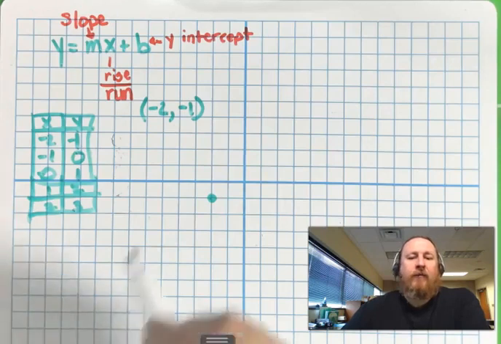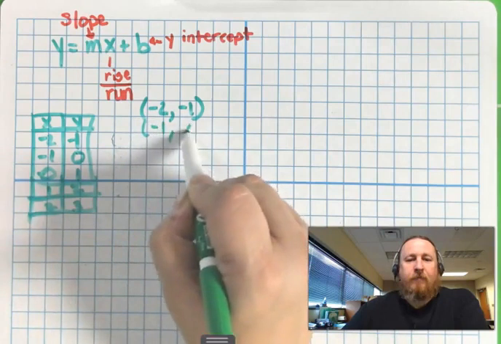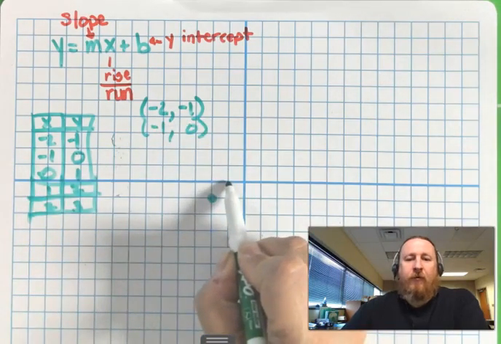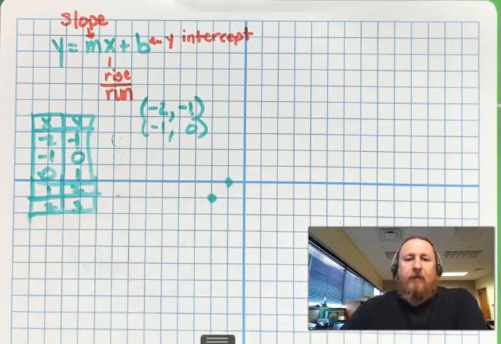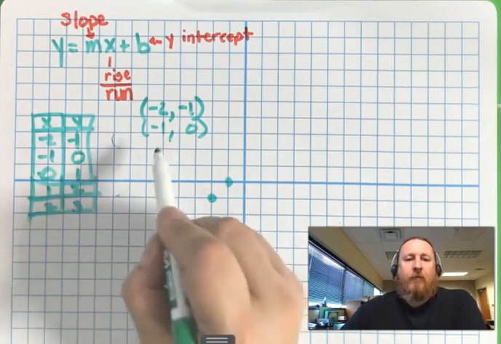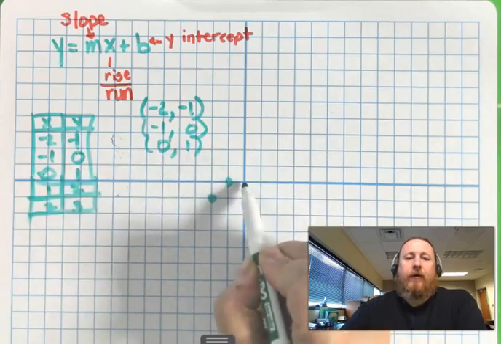Our next point is -1, 0. So we go to the point -1, 0, and we draw our point. Our next point is the ordered pair 0, 1. And we go to the point 0, 1.